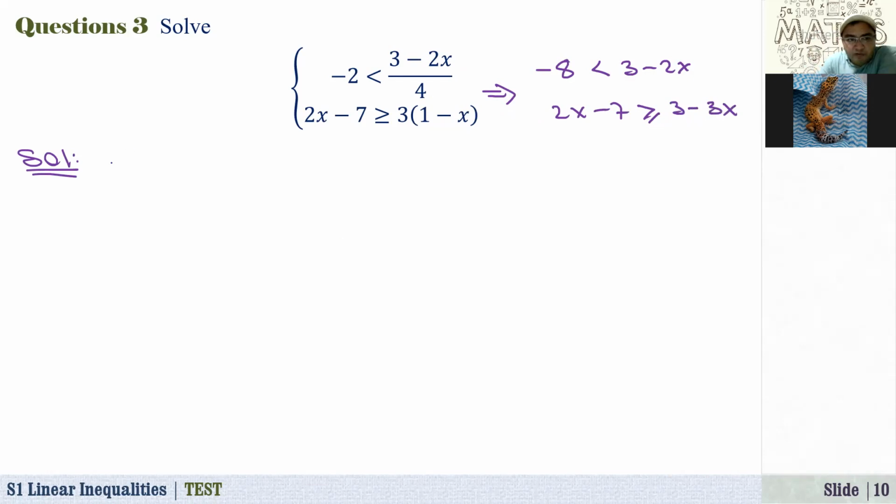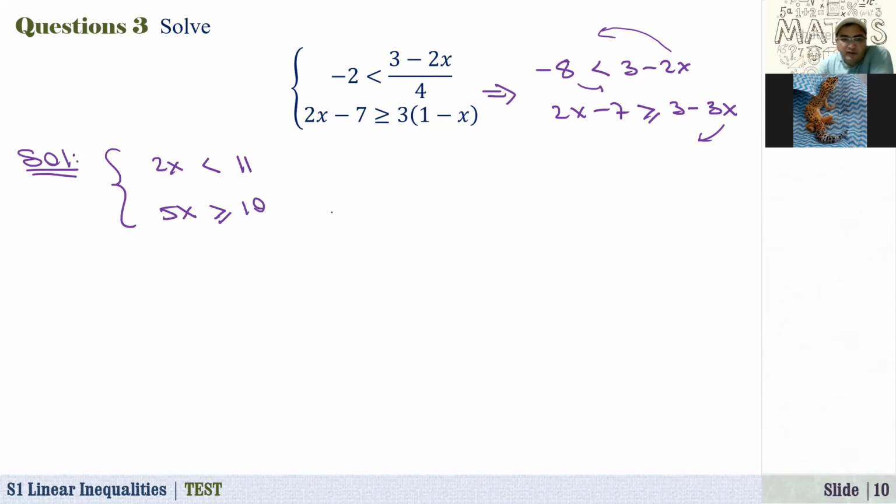So now if I rewrite those inequalities, let me write the unknowns on the left-hand side. Maybe I can take -2x to the left-hand side. Here we have 2x less than, and -8 to the right-hand side, 3 plus 8, that is 11. And how about the second one? Take -3x to the left-hand side, 2x plus 3x, that is 5x, and take -7 to the right-hand side, greater than or equal to 3 plus 7 is 10.